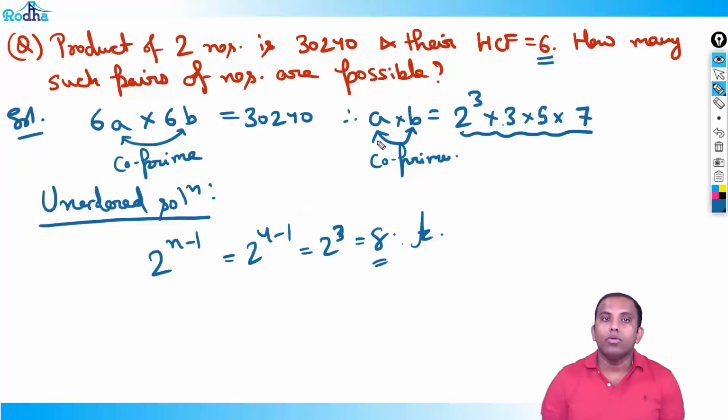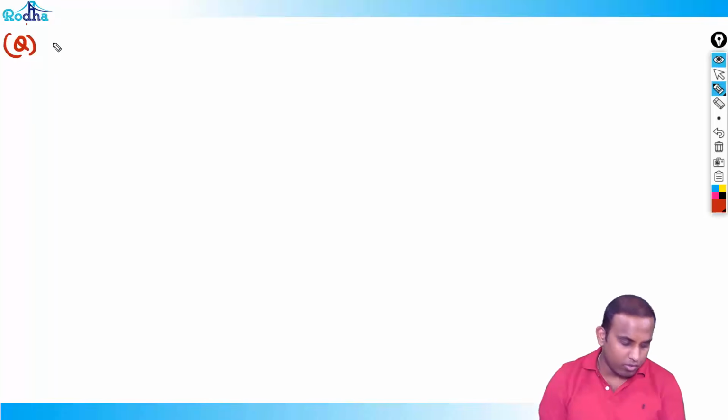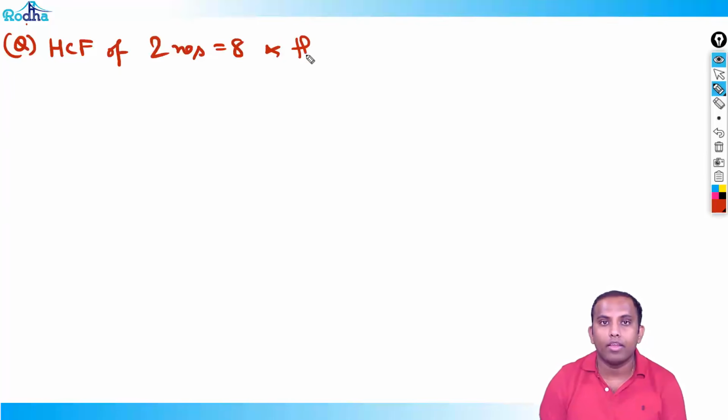Now, the next question we'll do applying the LCM funda. The next question is: the HCF of two numbers is equal to 8 and their LCM is equal to 62832.